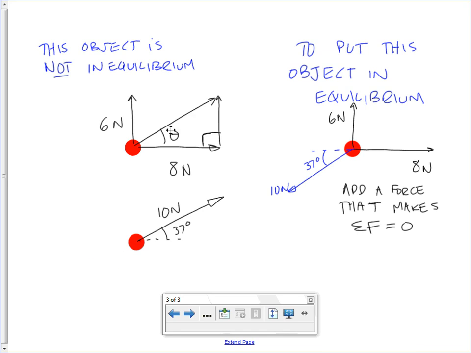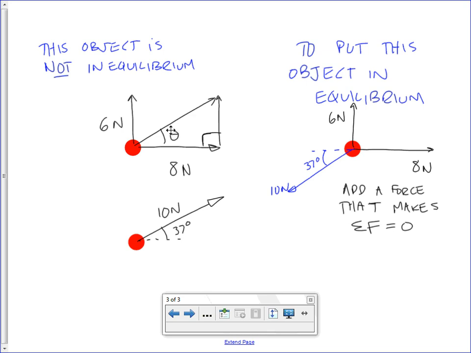The current net force on this object is that 10 newtons up and to the right at 37 degrees. So to put it in equilibrium, we add a force that's 10 newtons down and to the left. Make sense? We good there?